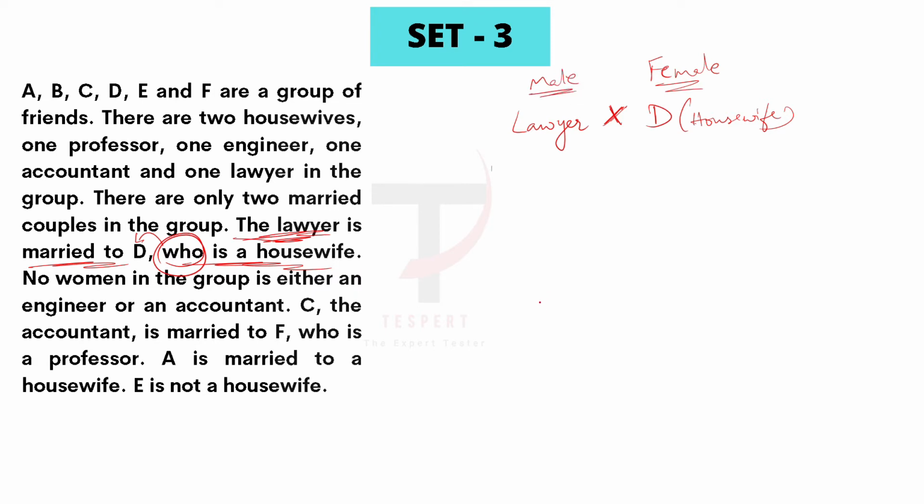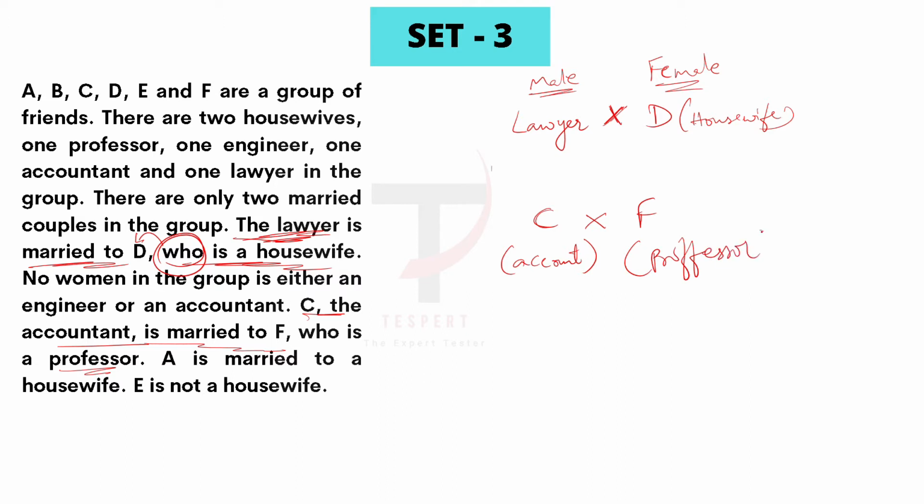And what is one more straightforward statement? No woman in the group is either an engineer or an accountant. C, the accountant, is married to F, who is a professor. So C is married to F. C is an accountant and F is a professor.